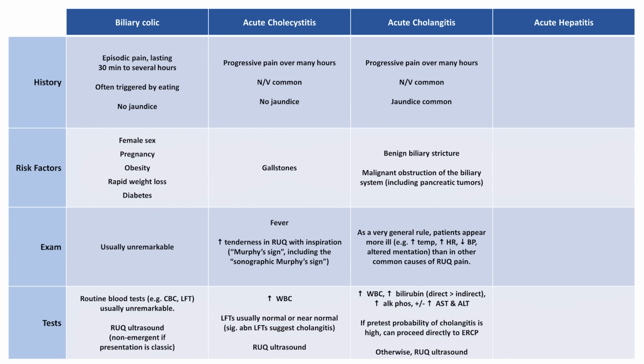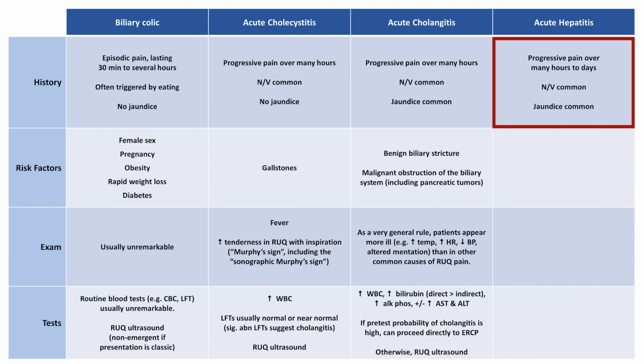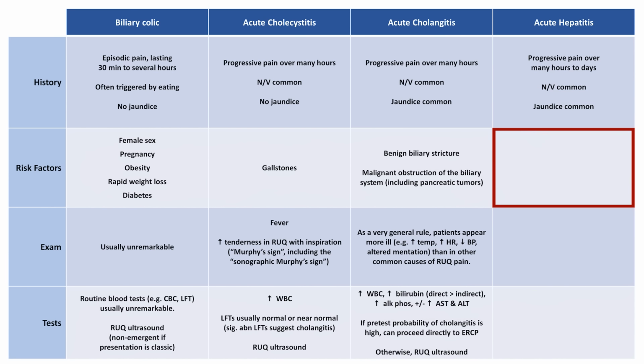And the last diagnosis to discuss is acute hepatitis, which is acute infection and/or inflammation of the liver. The symptoms of acute hepatitis can be similar to those of acute cholangitis, though in my experience, the onset is slightly more prolonged. Risk factors, or more appropriately, etiologies here, include hepatitis viruses, particularly A, alcohol, acetaminophen toxicity, and autoimmune hepatitis.